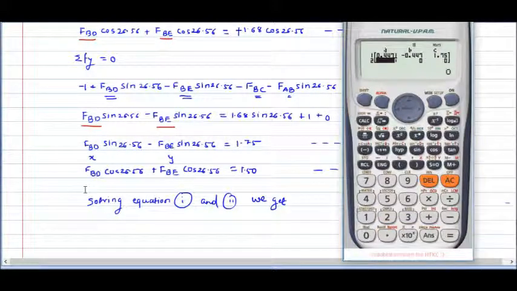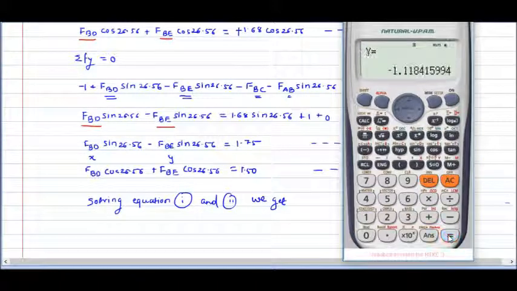Now for the second equation, the coefficient of FBD is cos of 26.56. Then the second coefficient is also cos of 26.56, and the constant term is 1.50. Now we'll get values: x is equal to 2.79 and y is equal to minus 1.11.